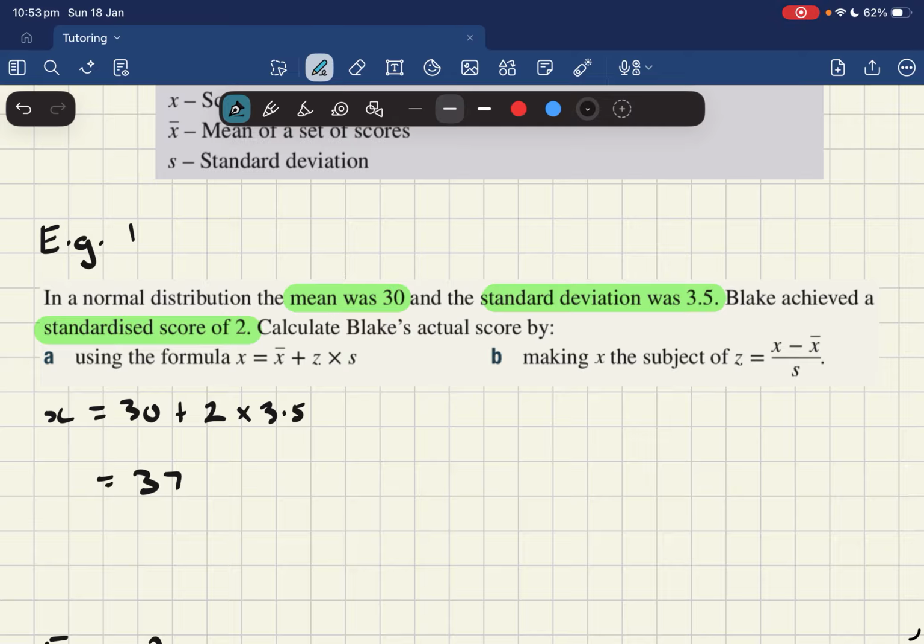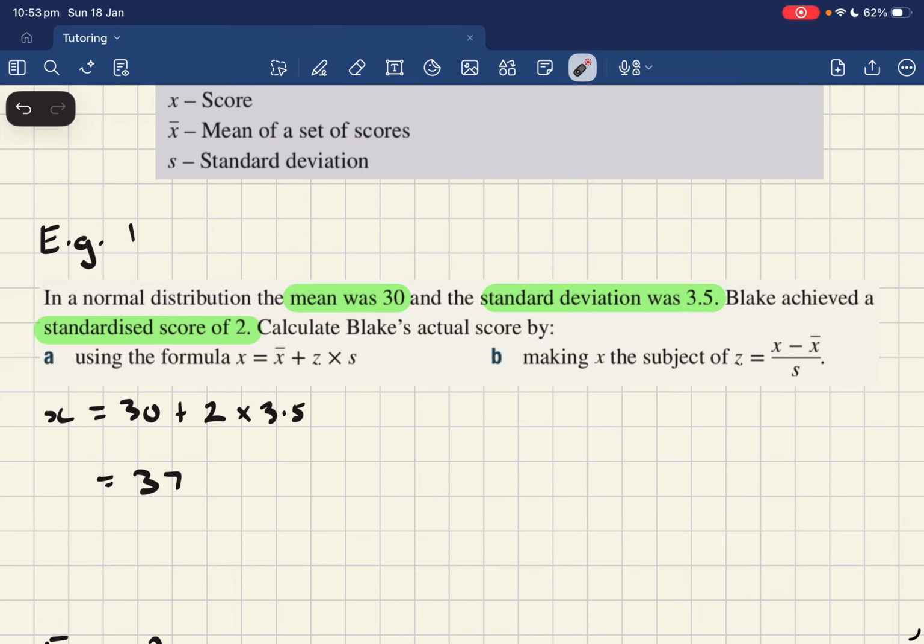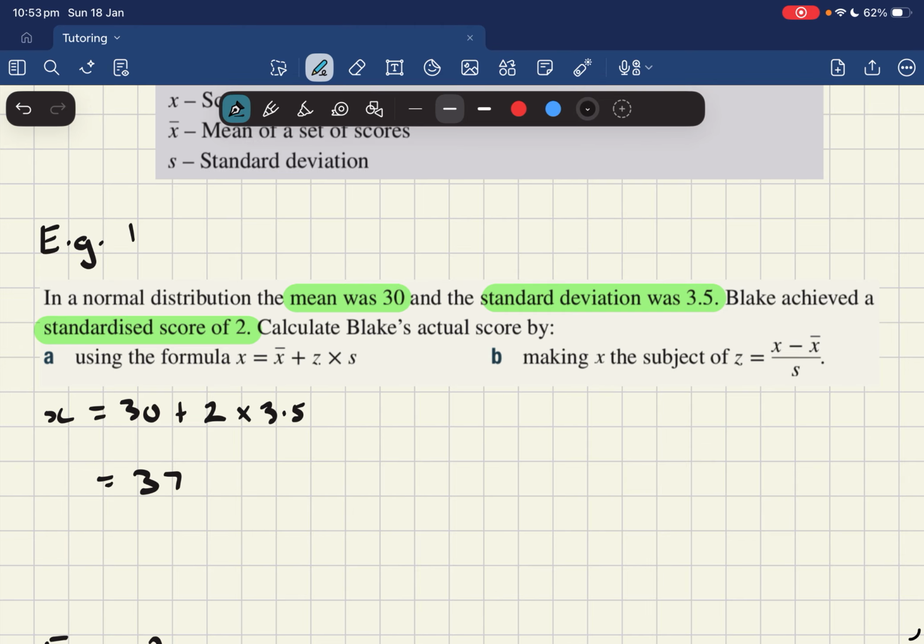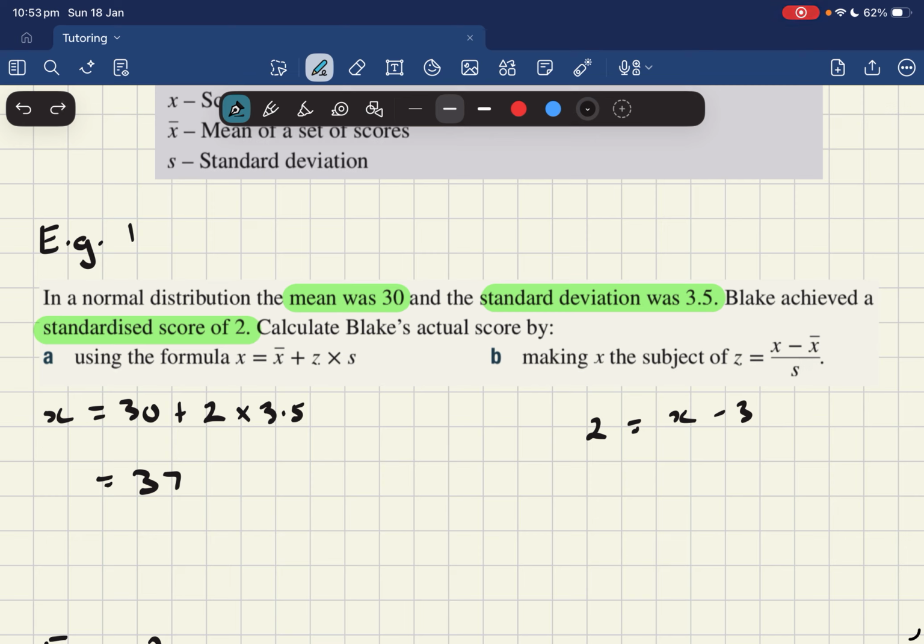Now, for the next one we're going to substitute into the z-score formula, but then just work backwards to systematically solve the equation. And we should get the same answer because this formula here is just the z-score formula rearranged. So I'm going to substitute in everything I know. We know that z is 2, equals x minus 30 over 3.5.